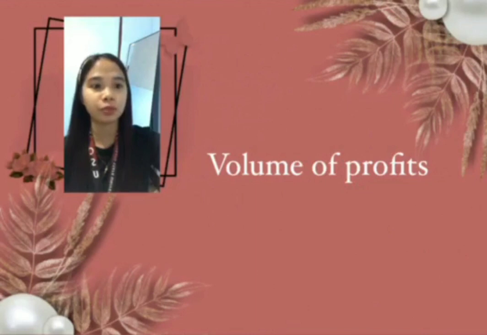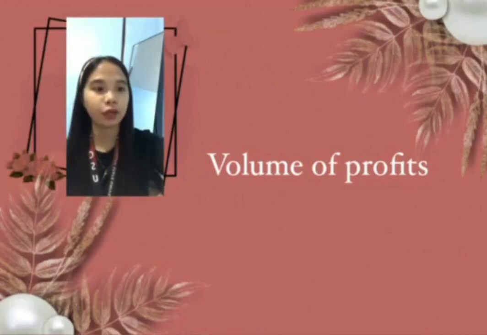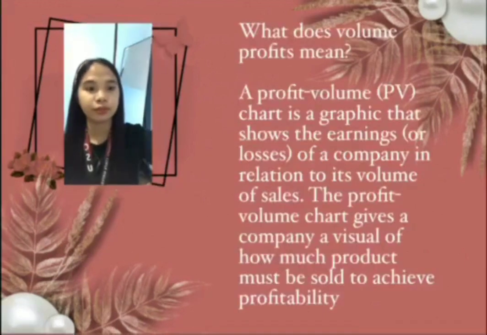Normal profit represents the total opportunity cost, both explicit and implicit, of a venture to an investor, whereas economic profit is the difference between a firm's total revenue and all costs, including normal profit.